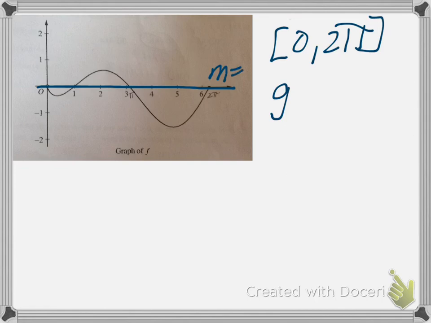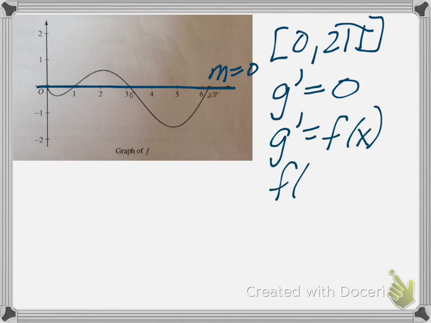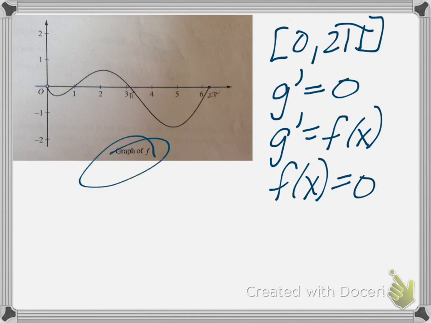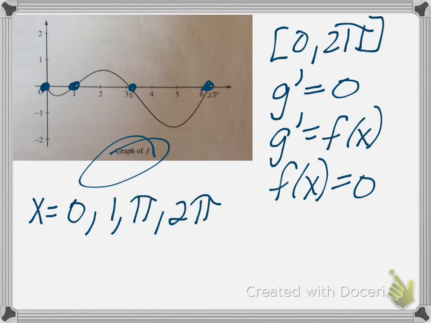Because this is a horizontal line. So you want to know, when is g prime equal to 0? Well, we already found that g prime is equal to f of x. So the question is, when is f of x equal to 0? So you're going to look at your graph of f, which is right here, and it's in these 4 places. So at x equals 0, 1, pi, and 2 pi, then f of x equals 0.